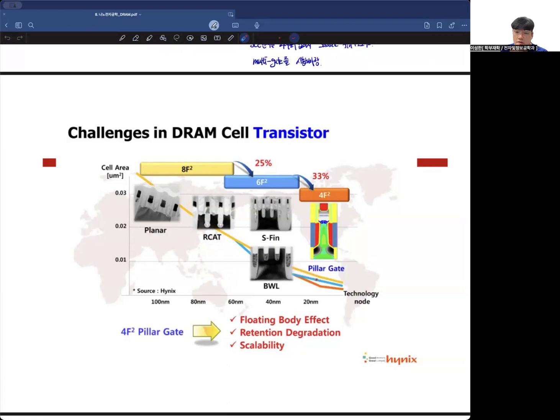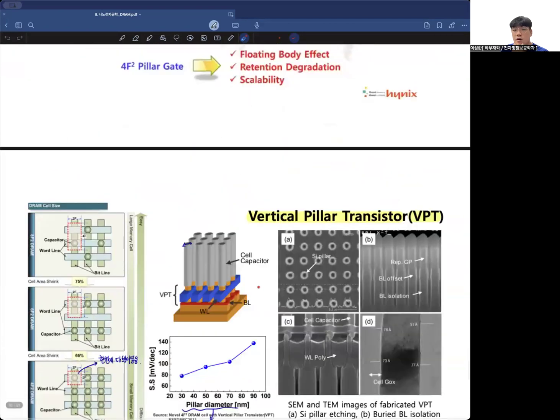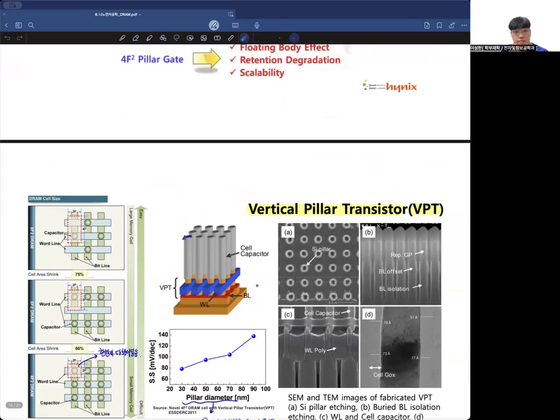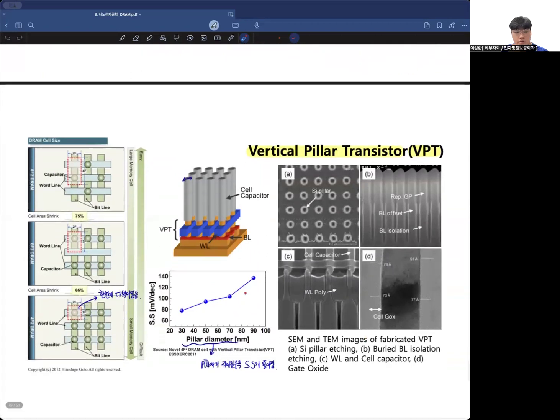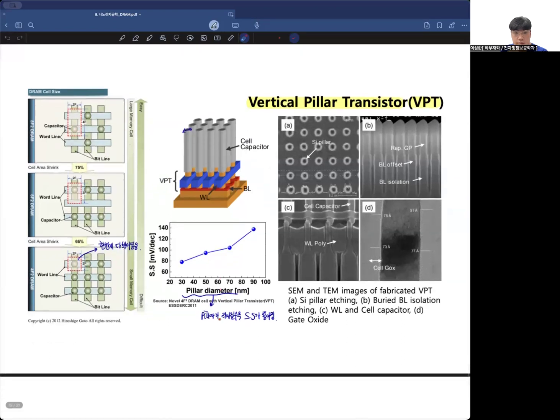In the pillar there are the source, drain, and bit line, with the word line buried into the pillar. You can see the unit cell area of the 8F-squared is much bigger than the 6F-squared, and much smaller than the 6F-squared is the 4F-squared.